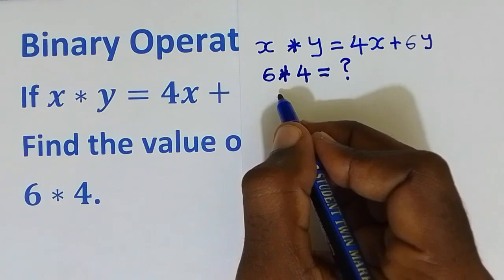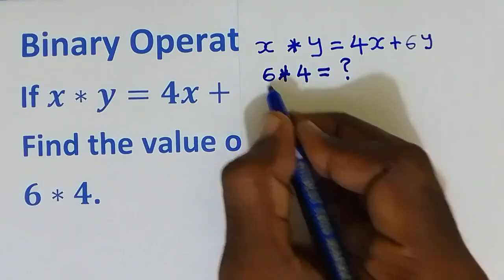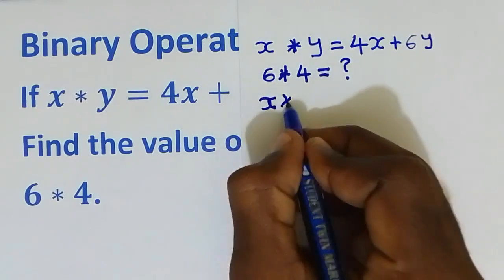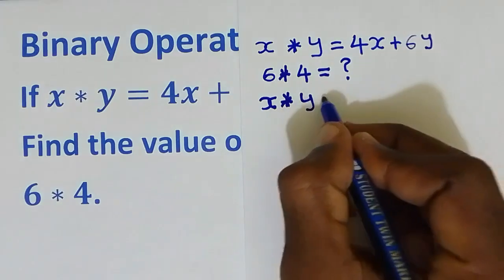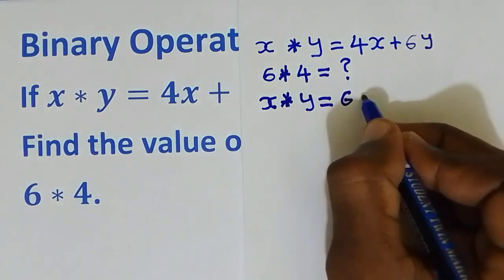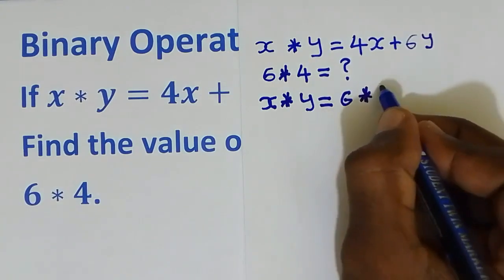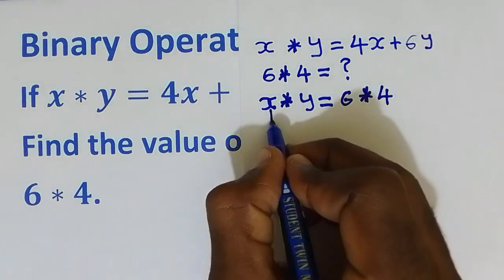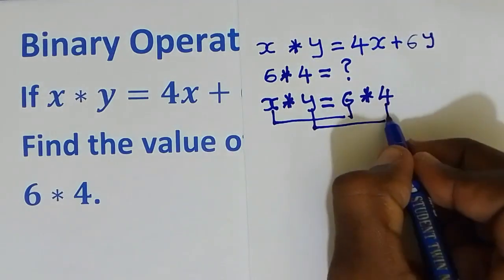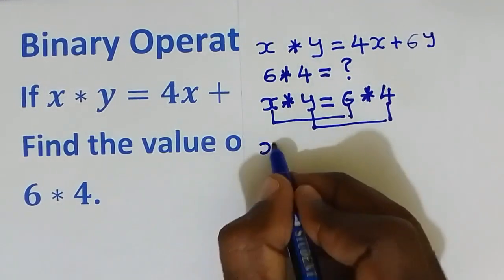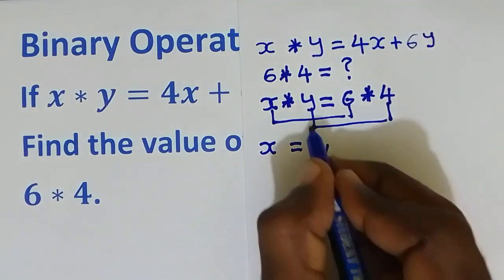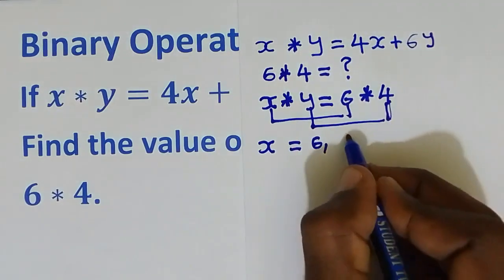So, the first thing, we are going to compare our inputs, that is x star y, with our input 6 star 4. Take the first input for the first input and the second input for the second input. We get x is equal to 6 and y is equal to 4.